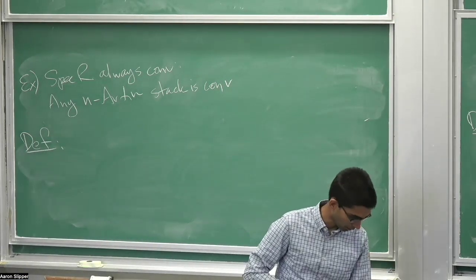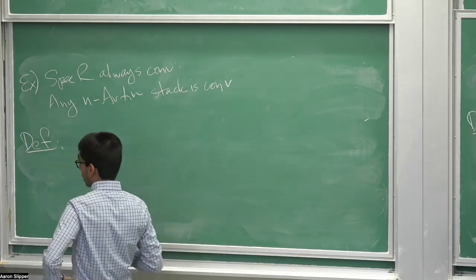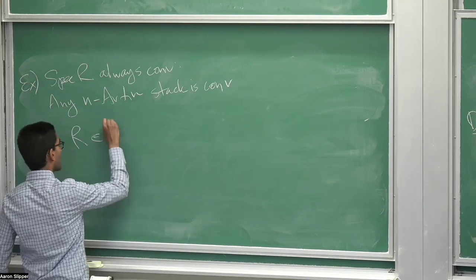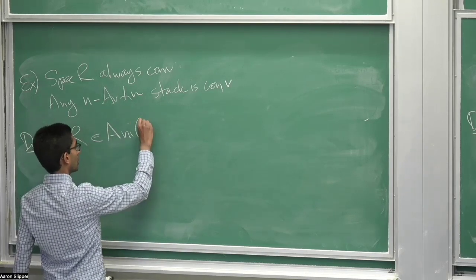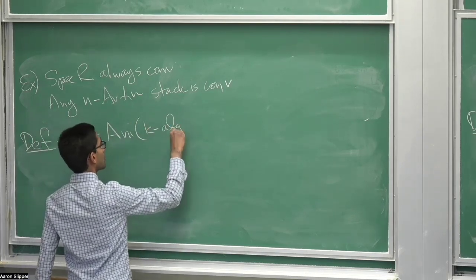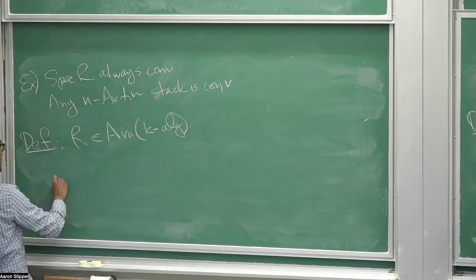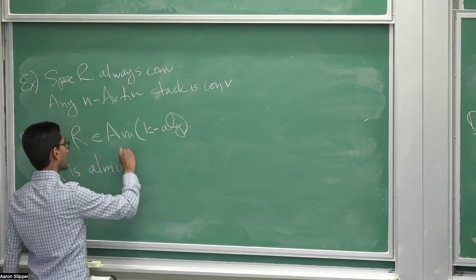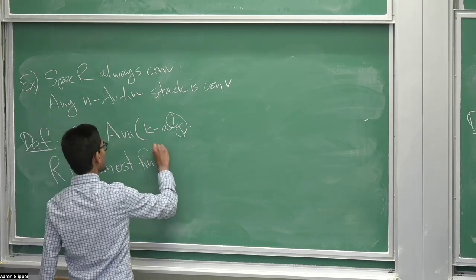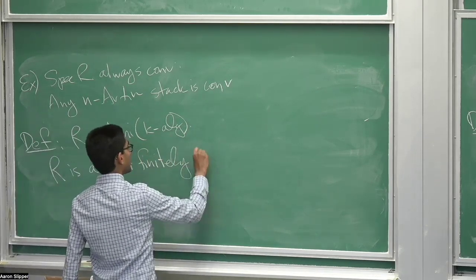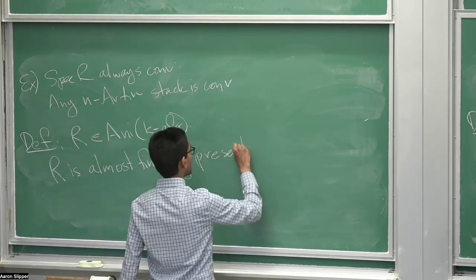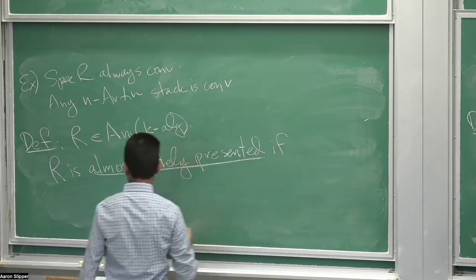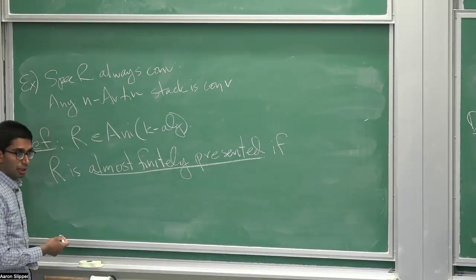Okay, so let me make the following definition. We'll say that R, an animated algebra, is almost finitely presented. I'll explain two equivalent characterizations.